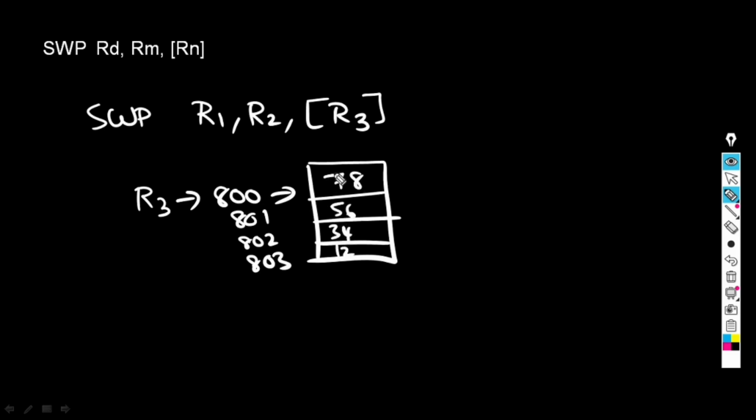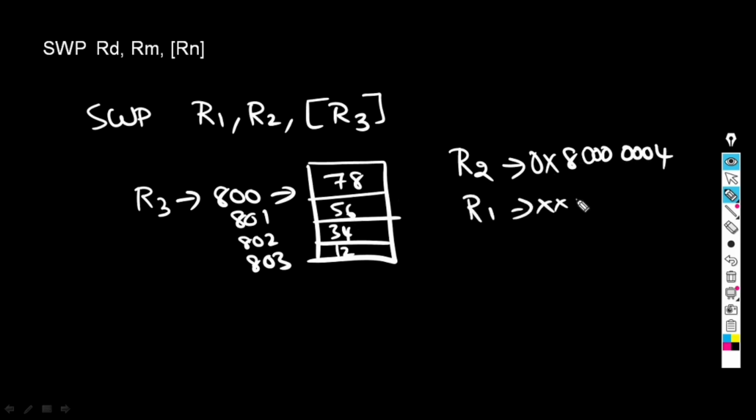This is what is stored in the memory. Then let's assume our register R2 holds the data 0x81234123... 0x8, 1, 2, 3, 1, 2, 3, 4. So these are the two values already stored. R1 can have any random value, we don't have to think about it.